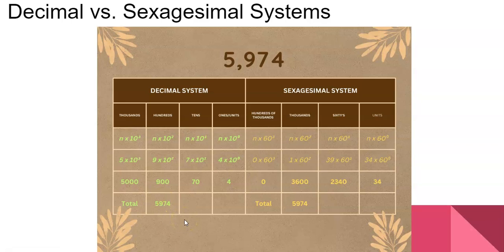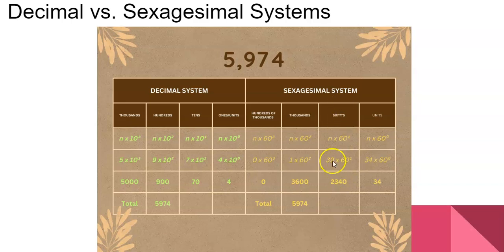On the other hand, for the sexagesimal system, here are the place values and the corresponding factors for base 60. In the units place, the factor is 60 raised to the exponent 0, which is exactly equal to 1. For the number 5,974, the digit in the units place is 34. 34 times 1 is 34.